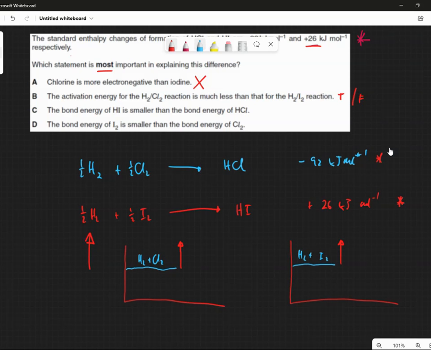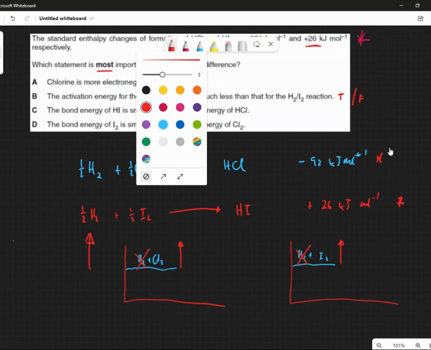Now, Bona exactly had it. We have two bonds now. It's nothing to do with the hydrogens because they're the same in each of them, aren't they? So basically, the activation energy is going to be about which bond is easier to break, the Cl-Cl bond or the I-I bond. And Bona said it exactly. Now, if you've forgotten this, you've just got to remember stuff like this.